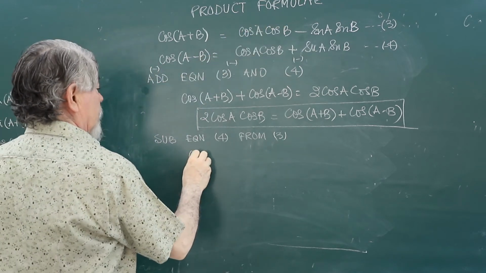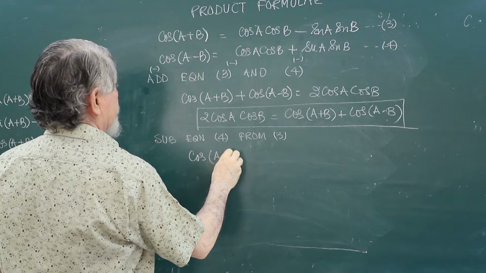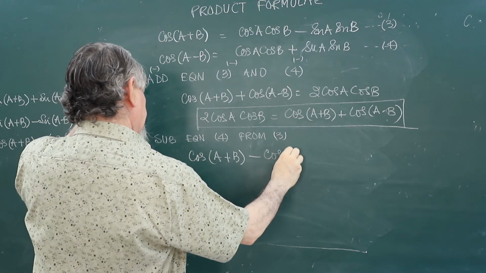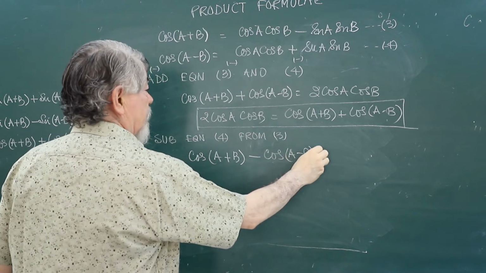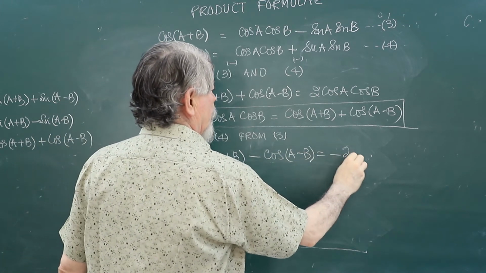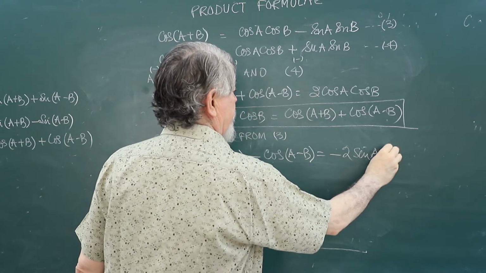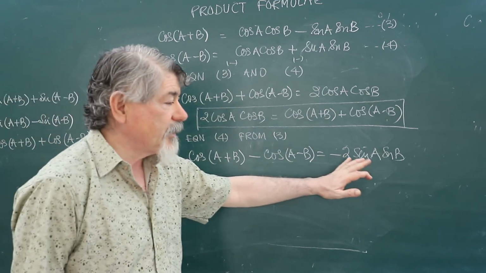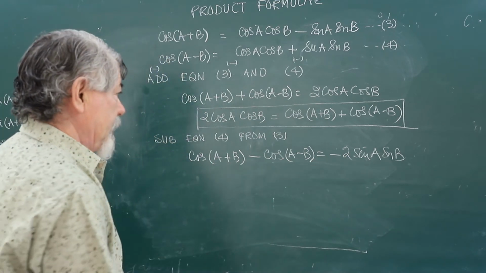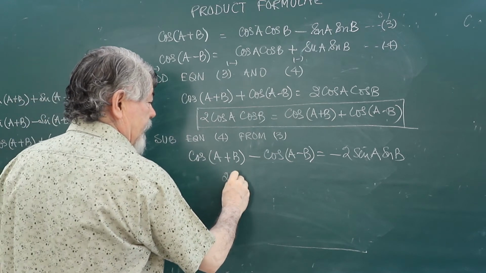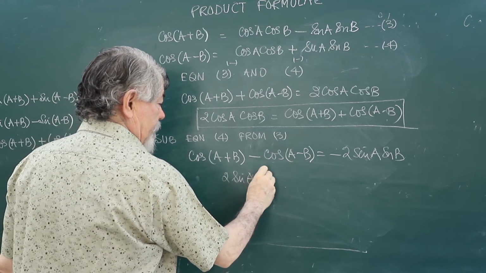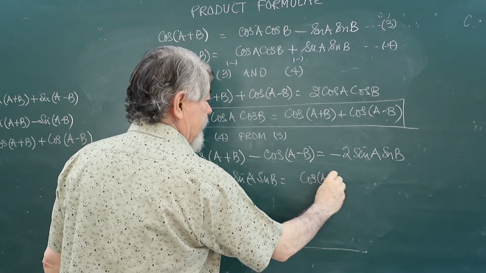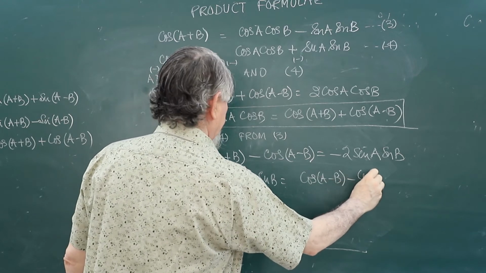You will get cos A plus B minus cos A minus B is equal to minus 2 sin A sin B. Now because I am getting minus 2 sin A sin B, what I will do is I will change the sign. So I will make it 2 sin A sin B, and it will become cos A minus B minus cos A plus B.